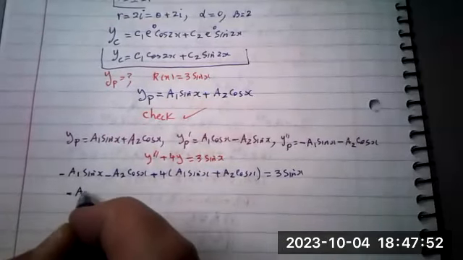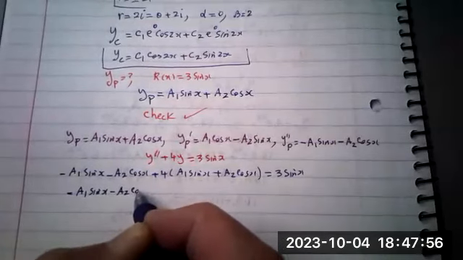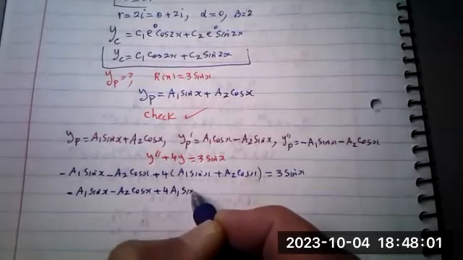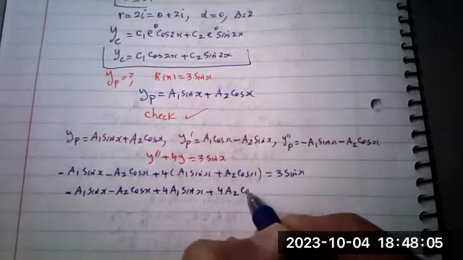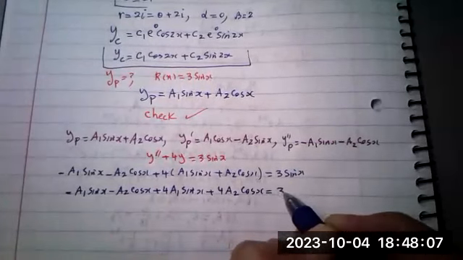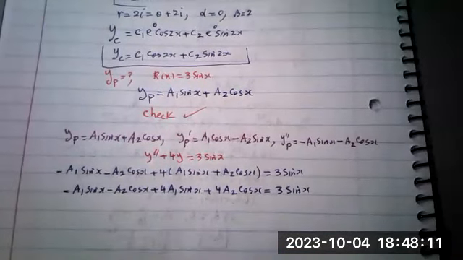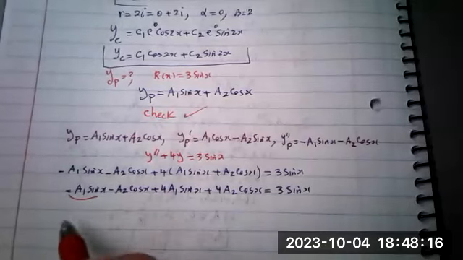So that gives you negative A1 sine x minus A2 cosine x plus 4A1 sine x plus 4A2 cosine x, and this is equal to 3 sine x. Put the sine and the cosine together and simplify.